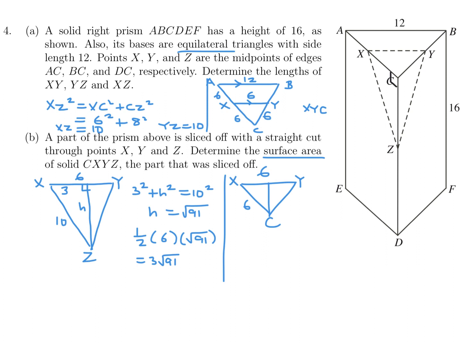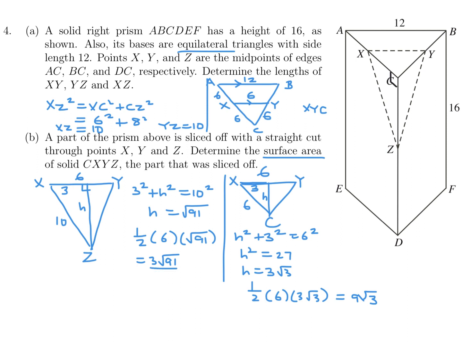So this distance is going to be 3, and you can easily figure out the height by Pythagoras. 6 squared is 36 minus 9 is 27, so h is 3 root 3. Again, the area is 1/2 base times height, so that's 9 root 3. So we got 3 root 91, we got 9 root 3.